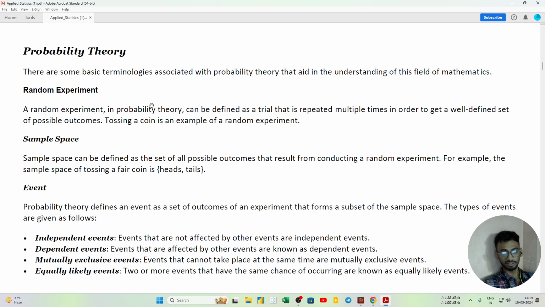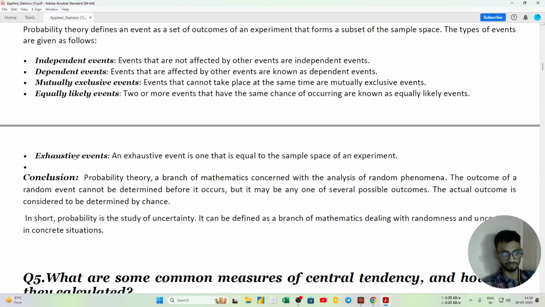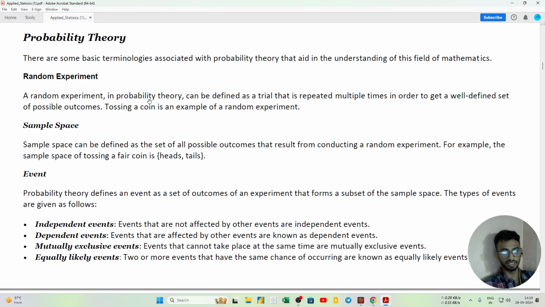There are some components in probability theory, like random experiment, sample space, and event. A random experiment is nothing but a trial that is repeated multiple times in order to get a well-defined set of possible outcomes.